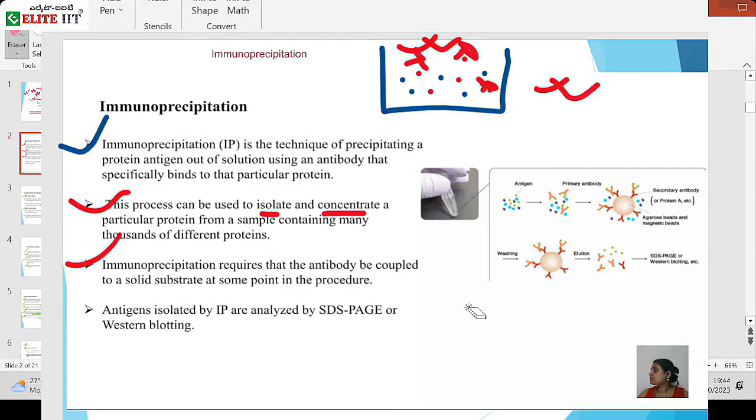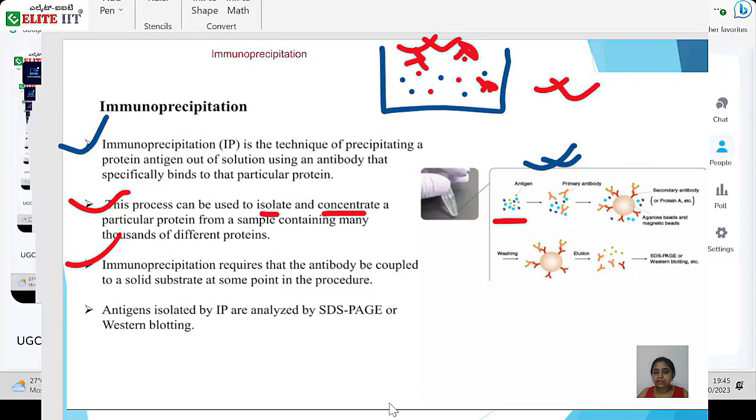So in this process, what is happening? What is happening? This picture is visible to you. Is it visible to you? Yes, ma'am. This see the picture. This is antigen mixture. Okay, lot of antigens are there. You need only green Which color. slide you're in? I'm still in two. Huh? Which slide you're in?